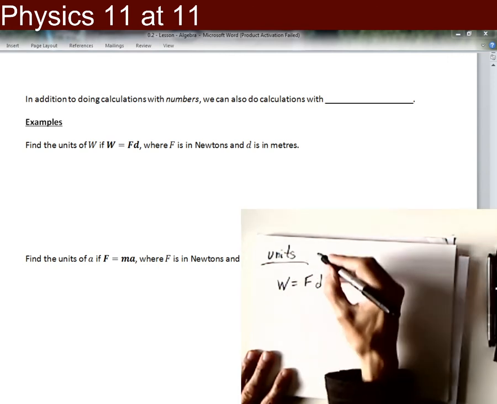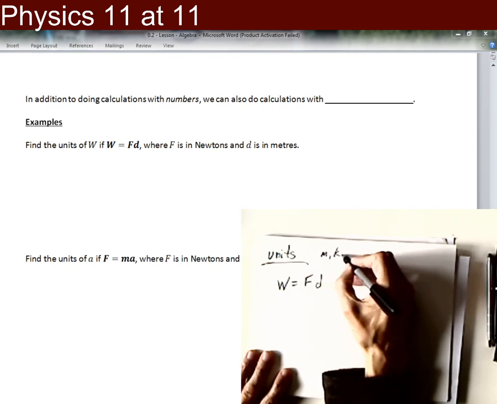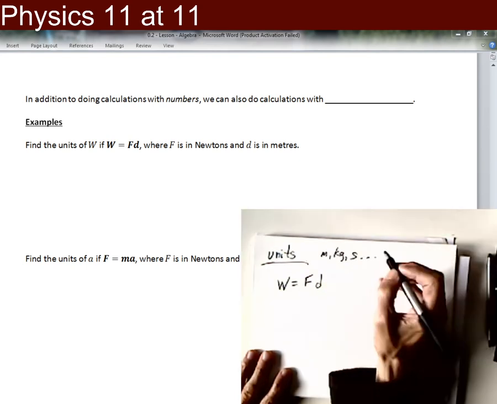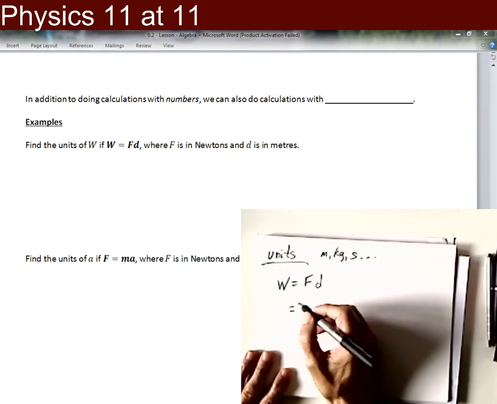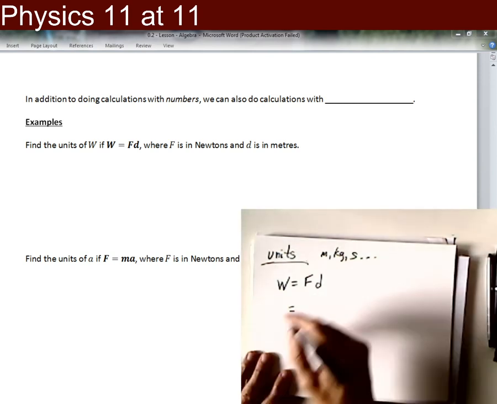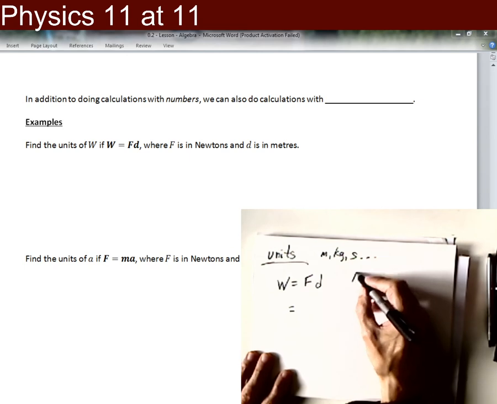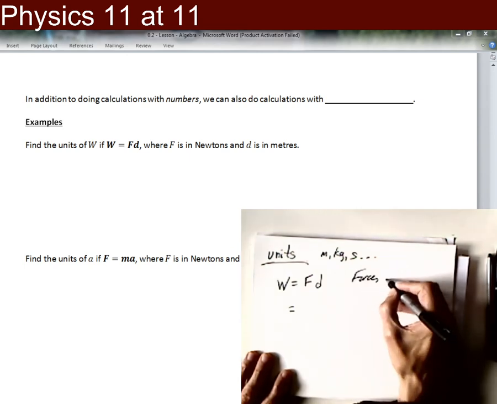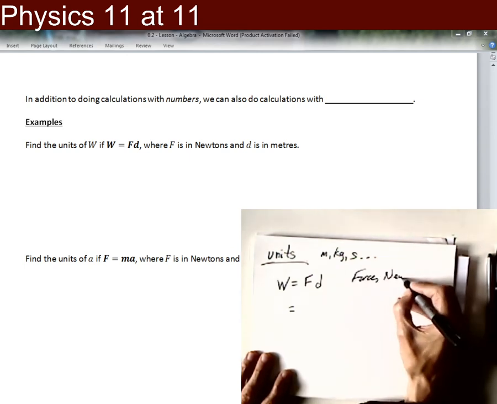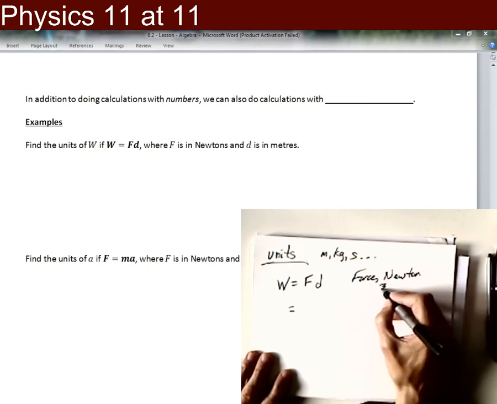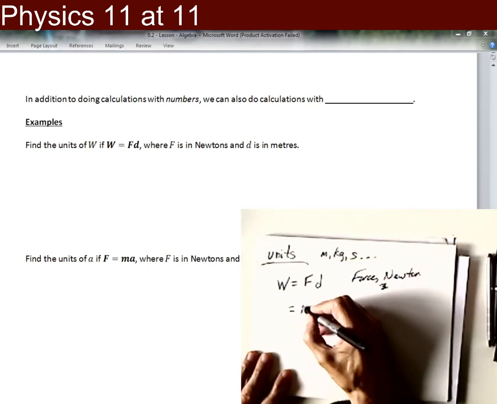Like meters and kilograms and seconds, that sort of thing. So you got to go back to the first session. The units for F. Well, F is force, described by Newton. So the unit for force is N.